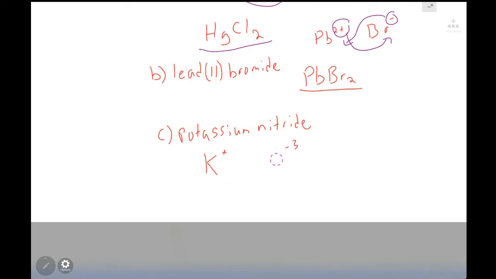So if I want to write the formula for this, I know that I have to have 3 plus charges to balance out this -3. So you can do your crisscross method, which will end up with K3N. Okay, that would be your final answer.